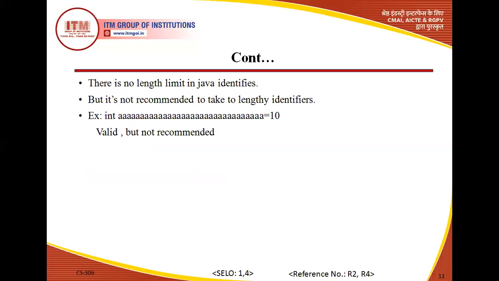Next, there is no length limit in Java. This is another important rule for identifiers. If we want to make a very long variable name, it is also allowed. It's important to make meaningful names: meaningful class names, meaningful variable names, everything must be meaningful.